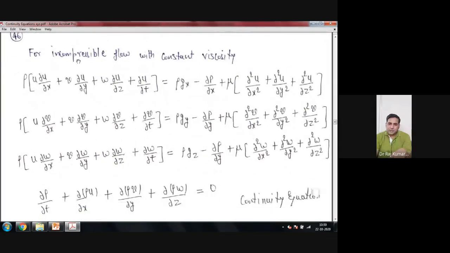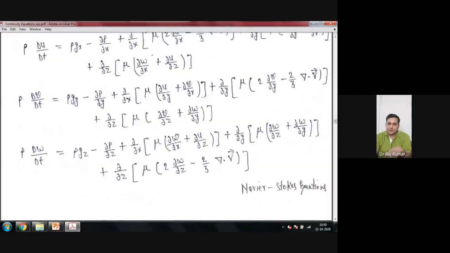So we wrote again the constant here for incompressible flow with constant viscosity. We have put a constraint that incompressible means density is constant, and constant viscosity also. So in the previous one, this viscosity will come outside the differential sign.